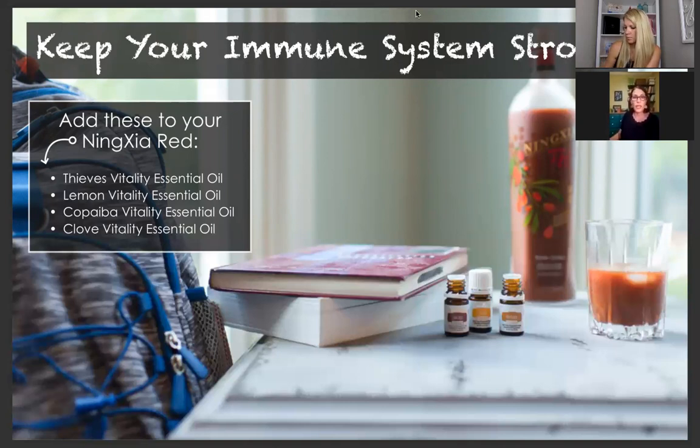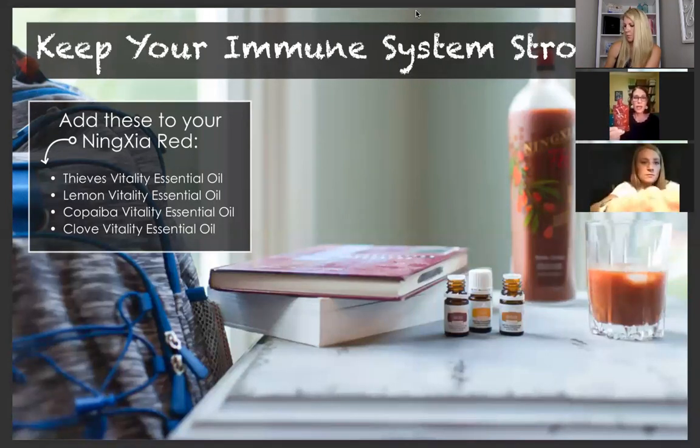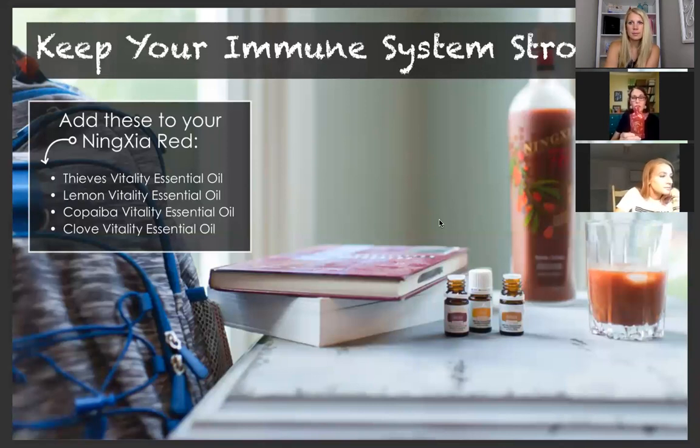The first thing I'm going to talk about, and these are in your premium starter kit when you get one, is these packs of what are called Ningxia Red. They are a delicious antioxidant drink.